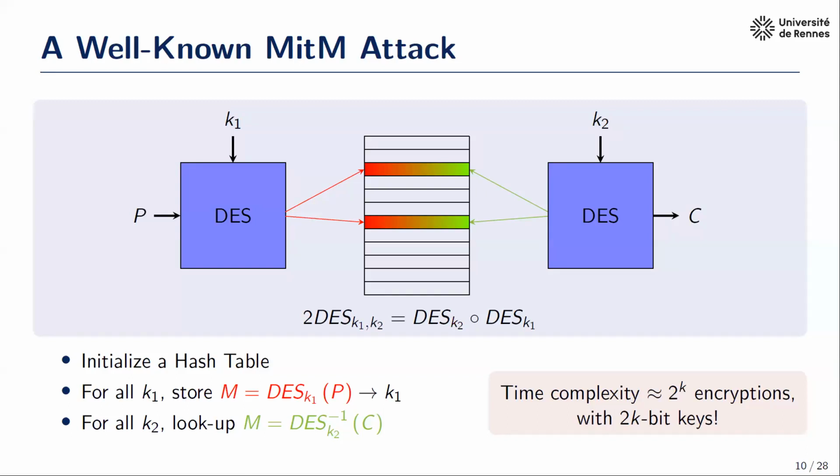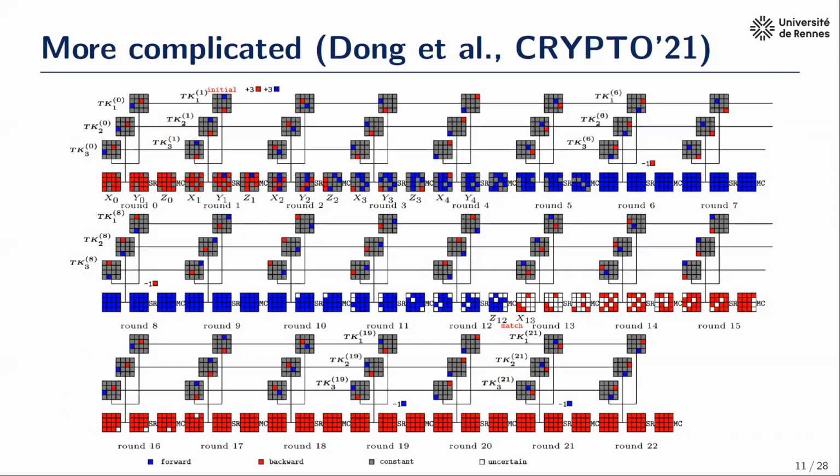This generic attack allows us to attack this cipher, which has a security of 2K bits, and it reduces the security to K bits only. So of course, this is only a very simple example of a meet-in-the-middle attack. And in practice, we can mount much more sophisticated meet-in-the-middle attacks, as for instance this one from Dong et al., which was presented at Crypto 2 years ago.